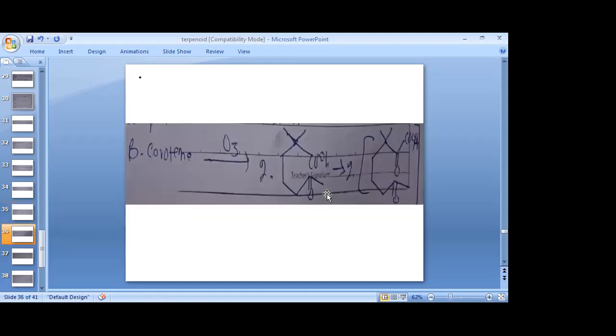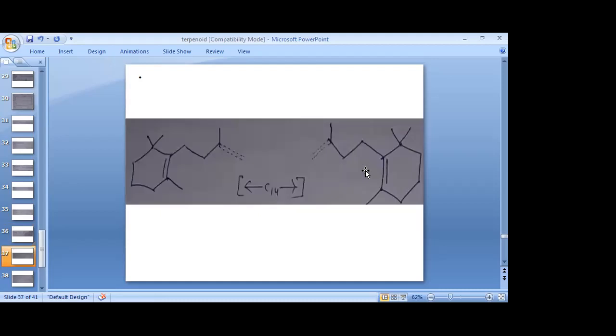Beta carotene when reacted with ozone, which is also a strong oxidizing agent, converts into two compounds like this, and further converts into two compounds like this, which make clear the hexacyclic structure in beta carotene, right?